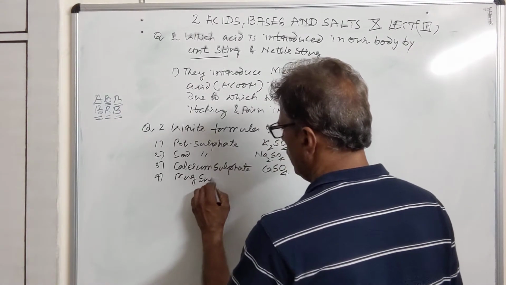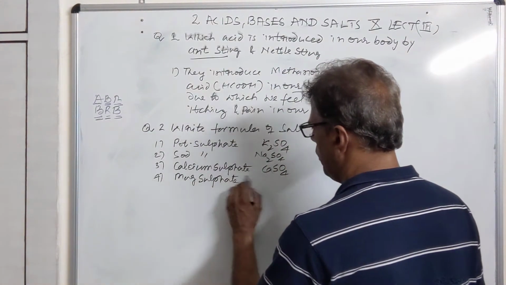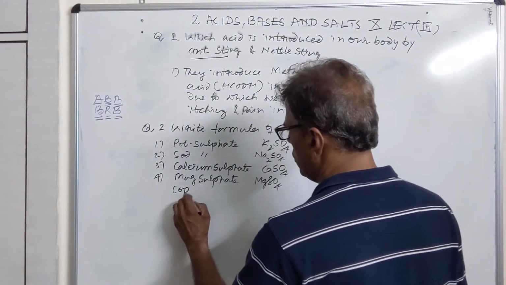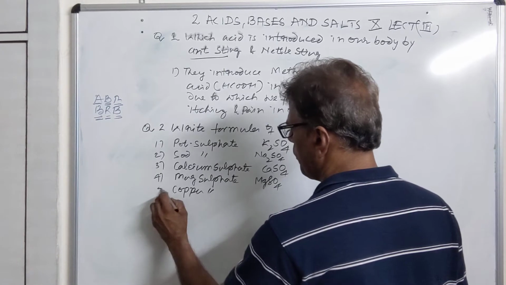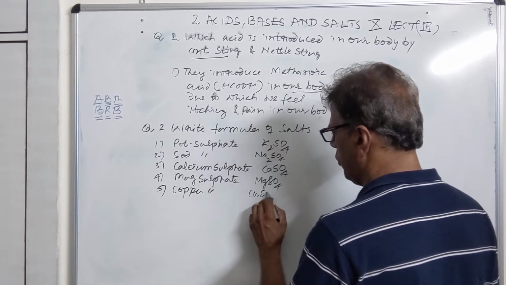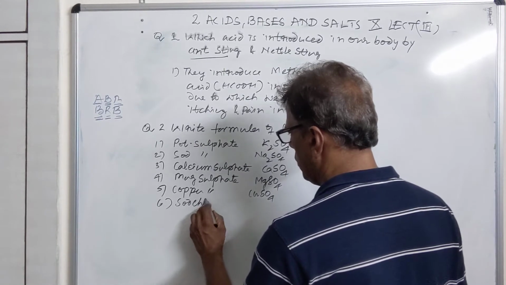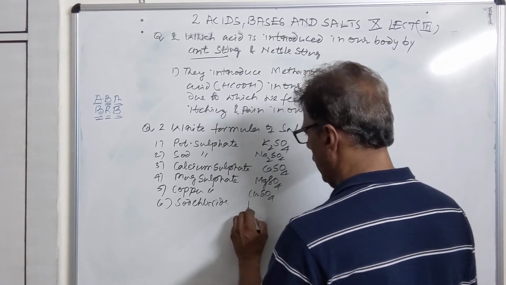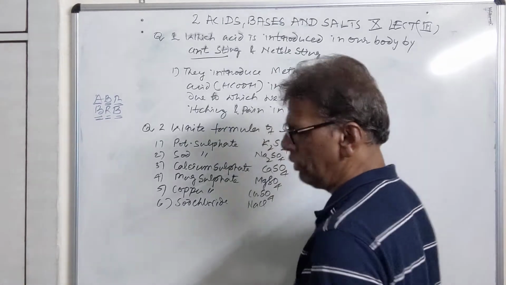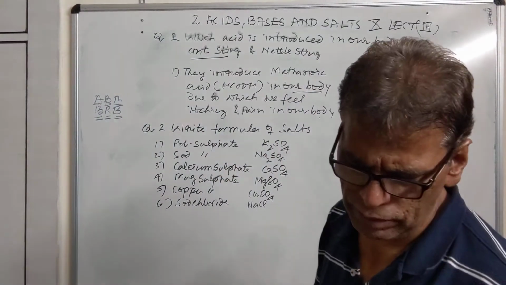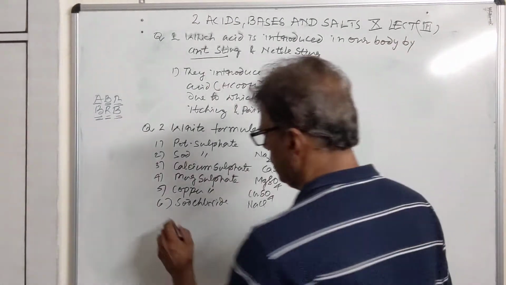After calcium sulfate we have magnesium sulfate, MgSO4. Copper sulfate is CuSO4. Then we have sodium chloride, NaCl.